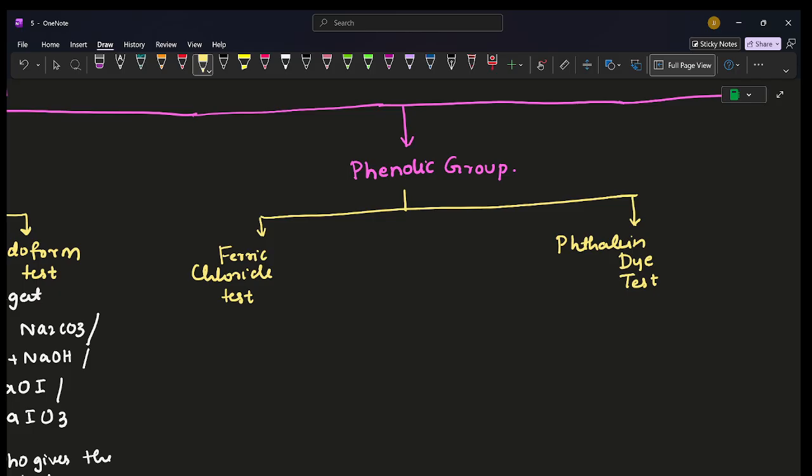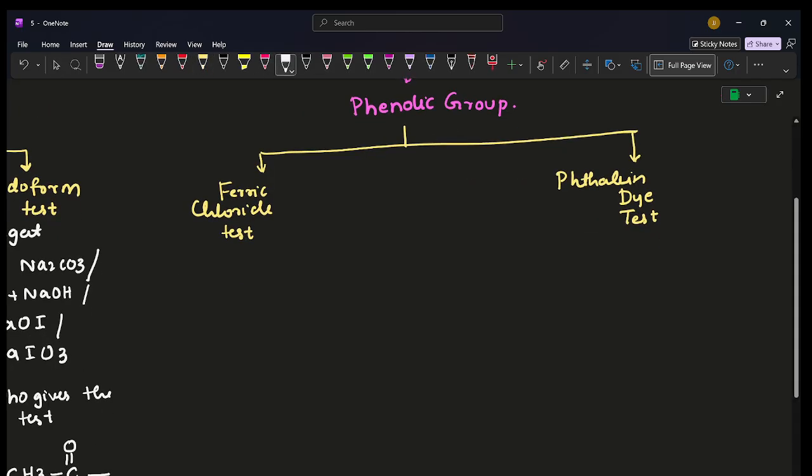The ferric chloride test is basically when phenols form a violet colored complex with freshly prepared FeCl3 solution. So let's say I take alcohol or phenol and freshly prepped FeCl3.